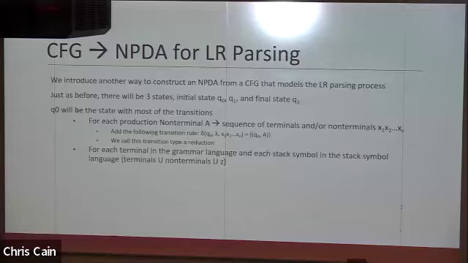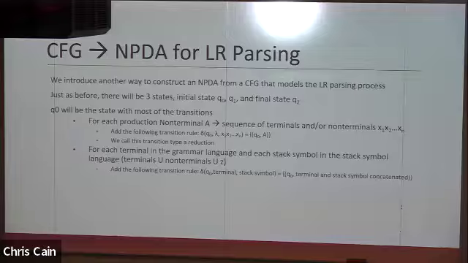And then we need some more that we're going to call shifts. For every terminal and each stack symbol, we now need the ability to shift those. So for every transition rule like this, from Q0 on a terminal, we pop a stack symbol.